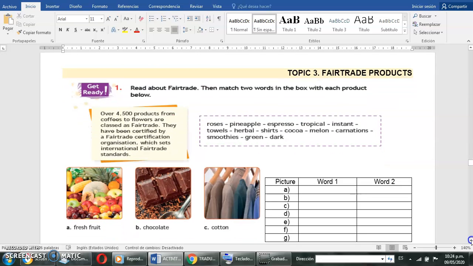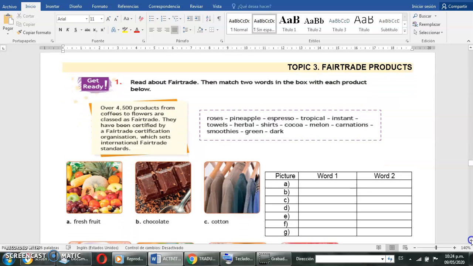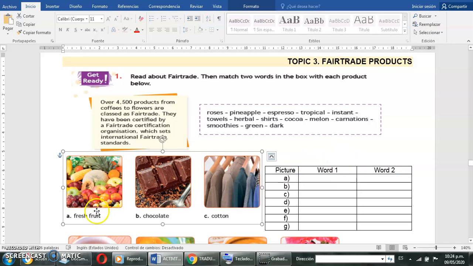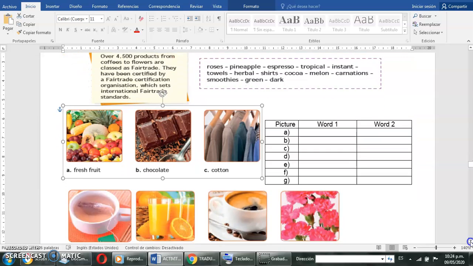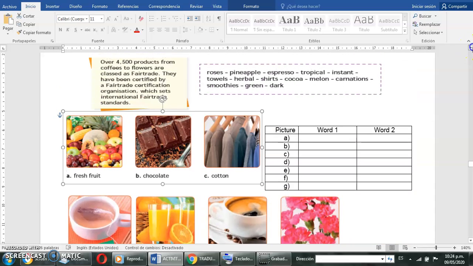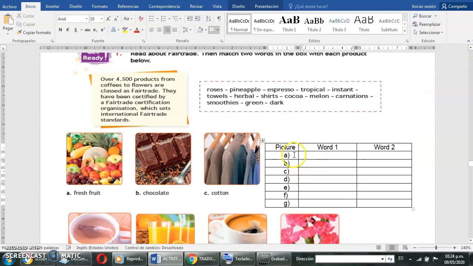The topic 3 is fair trade products. So you have to read these products: fresh fruit, chocolate, cotton. We have tea, fruit drinks, coffee, flowers, and you have to write in this table. For each product you have to write two words from this box.